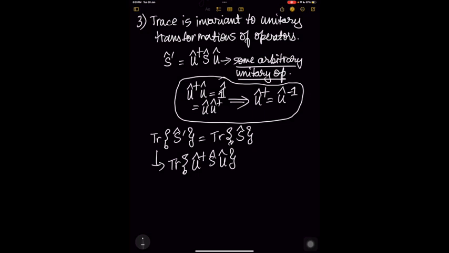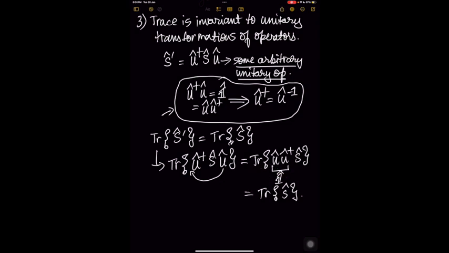As I just mentioned, the trace is invariant to cyclic permutations, which is the first property which we proved. So move this here, and then you get the trace of U hat U hat dagger S. And then as mentioned, this is just identity. So you get the trace of S. So the trace is invariant to any unitary transformation.